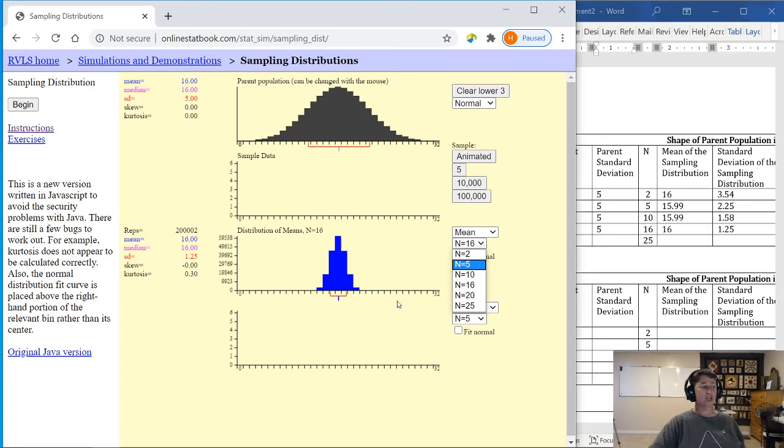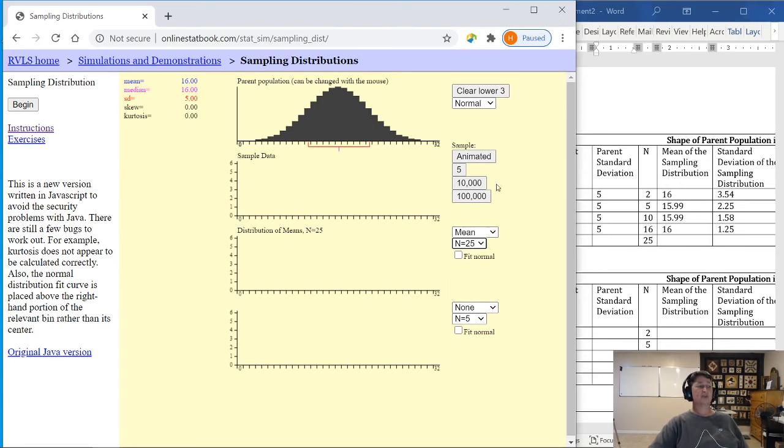So here, let's jump all the way down to 25 now. In other words, I'm choosing 25 random women from this population distribution, and I'm going to find the mean of that data. I'm going to create a whole new sampling distribution of those sample means, 100,000 times, 200,000 times.